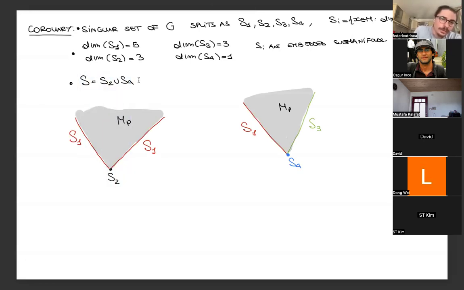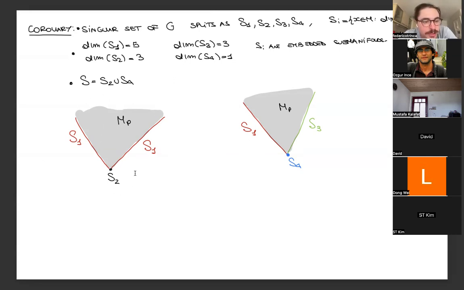Moreover, what we have also proven is that the singular set of the T2 action corresponds to S2 union S4. And this is how we should imagine the strata S1, S2, S3, and S4 look next to each other.